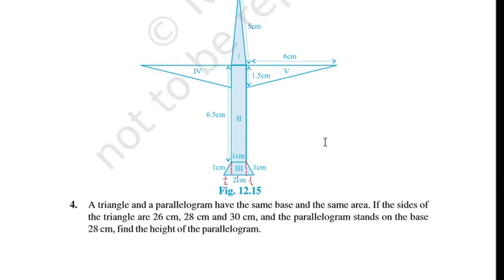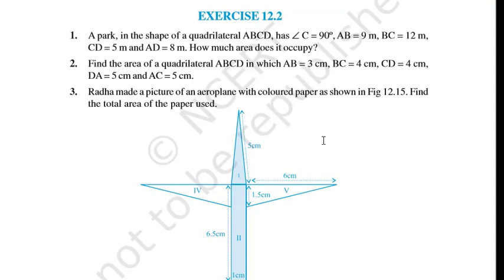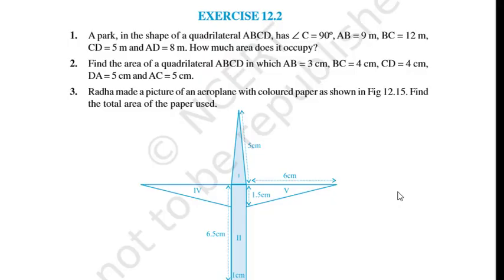So AB is 3, BC is 4, CD is 4. Then AD is 5 and AC is also 5.